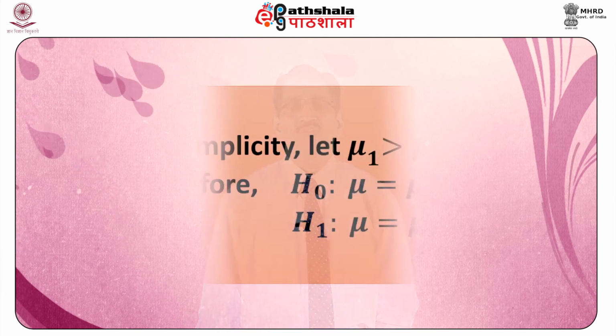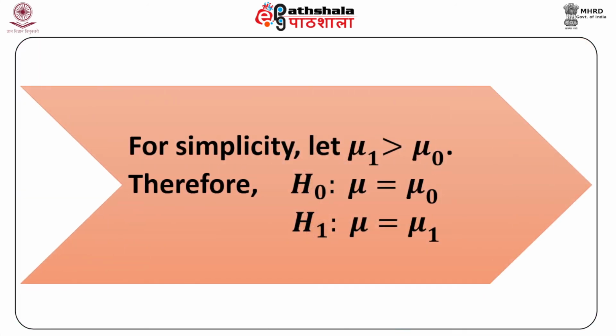One way of reducing the risk in a two-sided test is to perform the test at a 1% significance level as an alternative to 5%. The alternative hypothesis was set as mu not equal to mu 0, that is, it must be equal to some mu 1. For simplicity, let mu 1 be greater than mu 0.